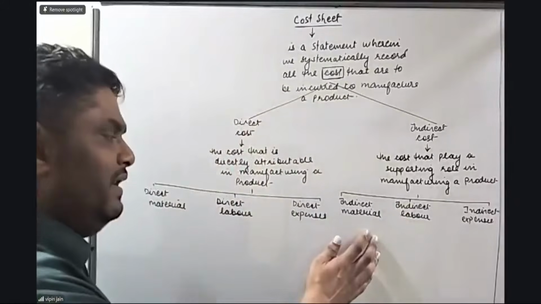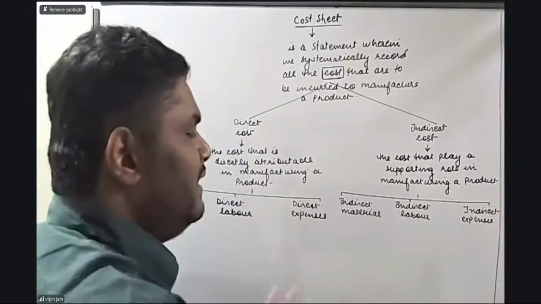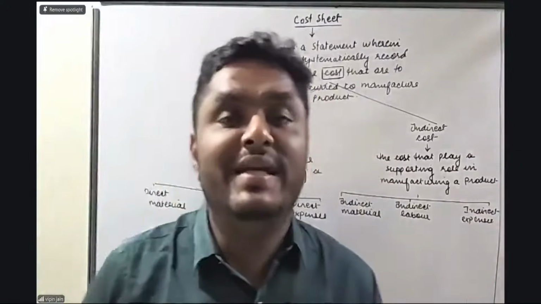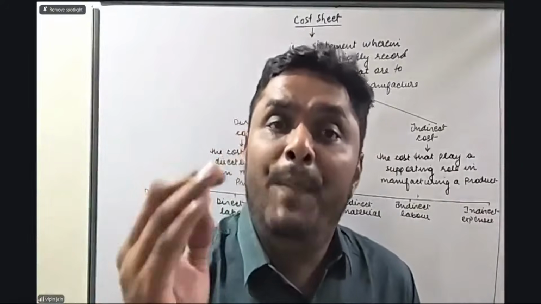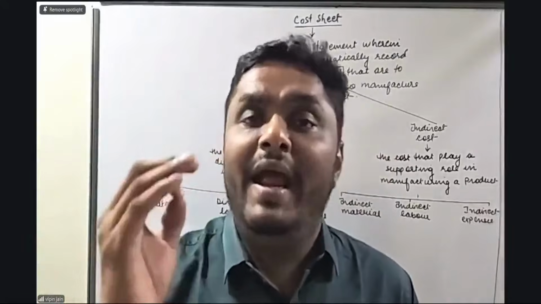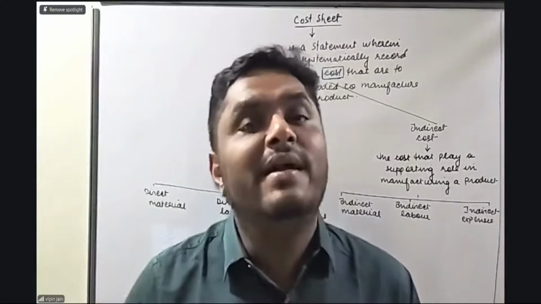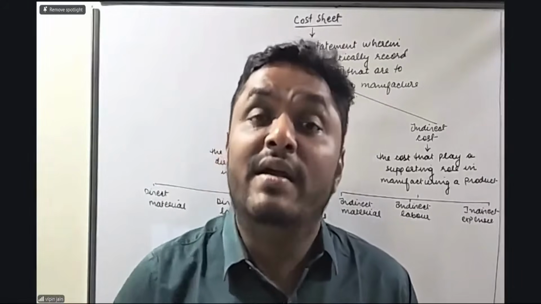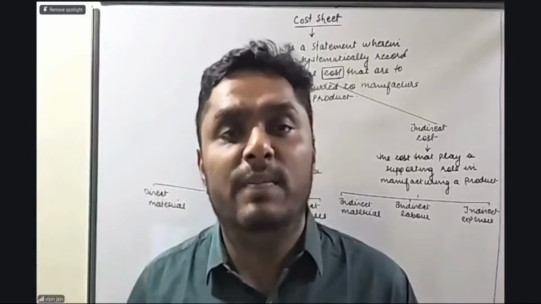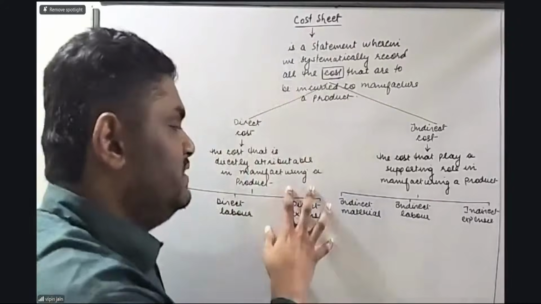Direct material, direct labor, indirect labor. Now moving towards direct expenses. Apart from direct material and direct labor, there are many other expenses that are incurred directly in relation to manufacture of a product. We call them direct expenses.